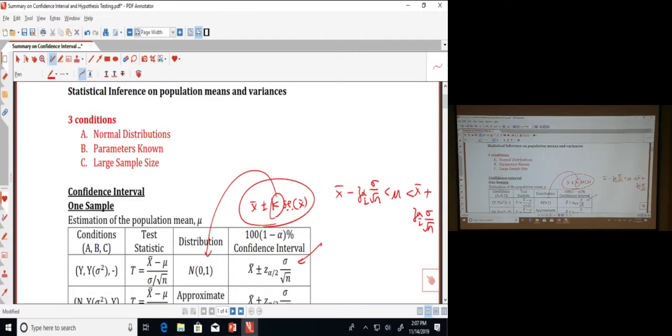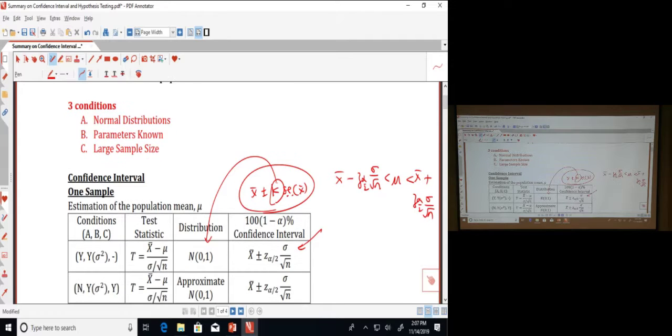Now we modify the conditions. So what happens if we don't know the underlying distribution? That means we don't know whether the samples are from a normal distribution or not. We don't have this assumption, but we still know sigma square is given. In this case, we need a big sample size. Why do we need a big sample size?